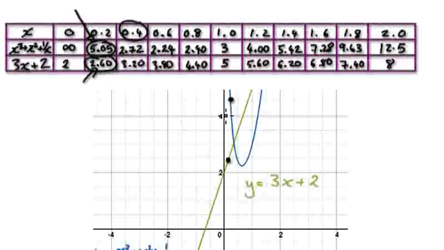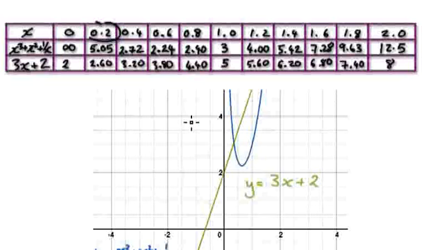Now when you move to 0.4, it would be somewhere here. Hang on, let me think. When you move into 0.4 here, you see there's a switch over. Let me start again.